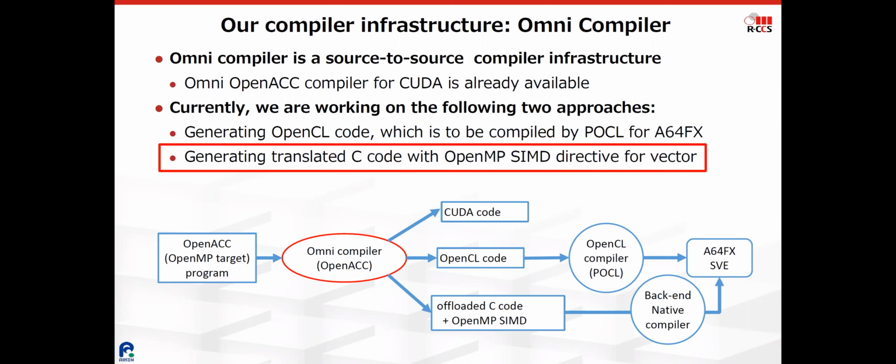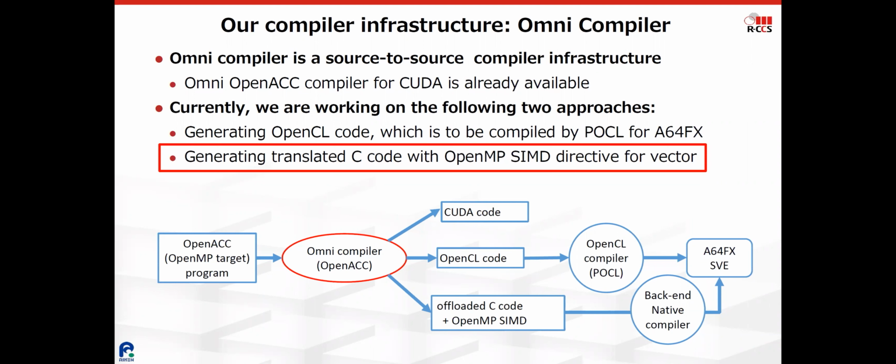One approach is using OpenCL, and we are also working on a portable implementation of OpenCL, so OpenCL may generate the code for the A64FX. Another approach is offloaded C code plus assembly code. This is a kind of source-to-source transformation, and this code is compiled by the backend compiler. Today I'm going to talk about this approach.